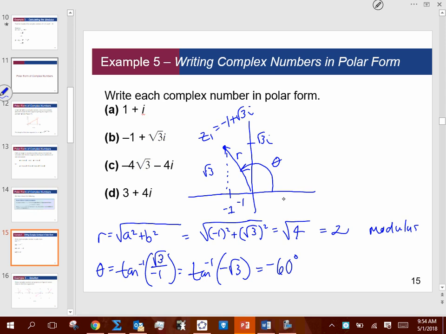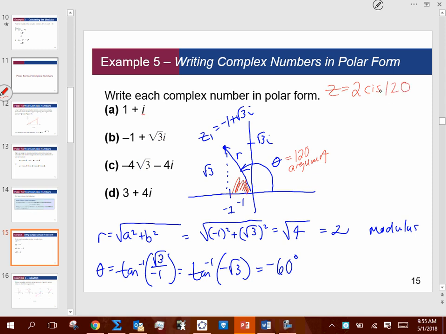Well, negative 60 degrees is not this theta, is it? But the positive version of 60 would be that thing, wouldn't it? So how big would the theta that I'm interested in be? 120. That's your argument.